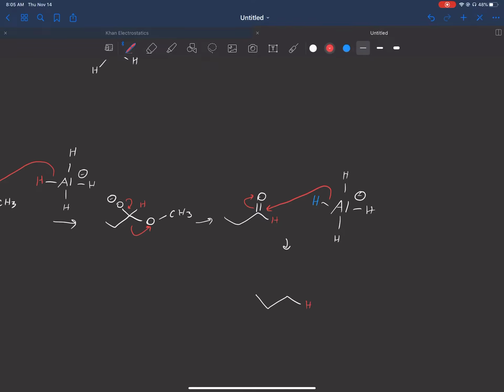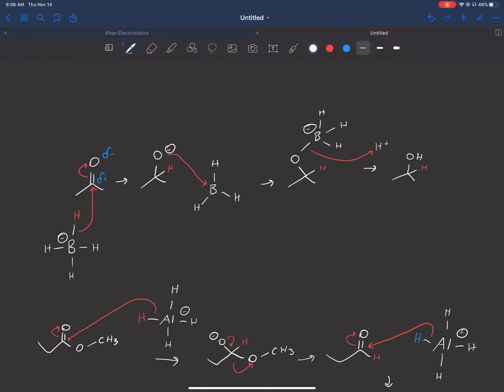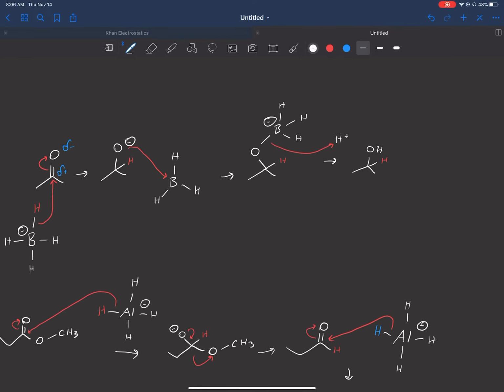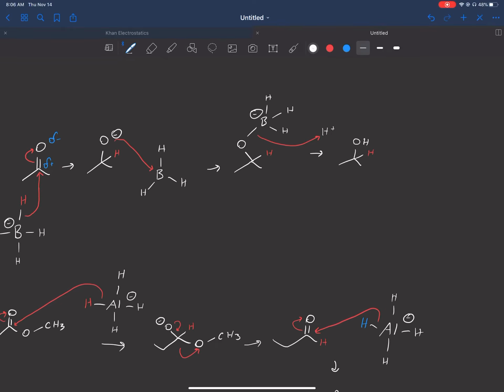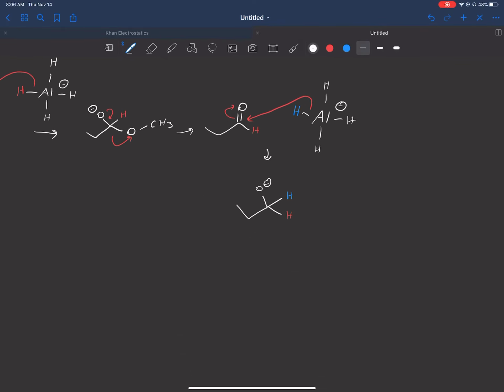Here's the red H, here's the blue H, O minus. So now it's going to attack the aluminum, and we have the same exact mechanism as up here. We attack the aluminum, we get this weird looking compound, and then it's going to grab an H plus. So our final answer would look like this. I'm not going to finish the rest of the mechanism because it's exactly the same as up top.